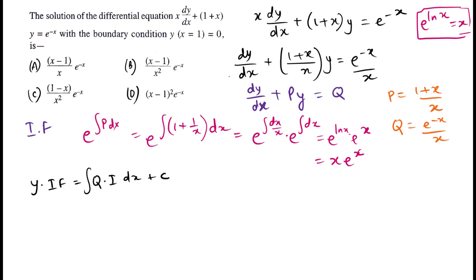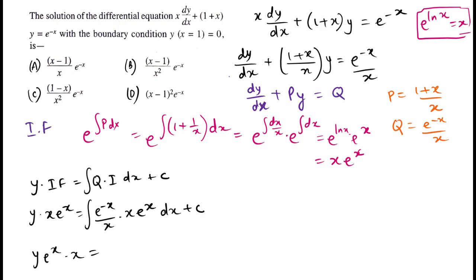So here if we substitute, it will be y x e to the power x equal to the integral of e to the power minus x by x times x e to the power x dx plus c, or y e to the power x equal to x plus c.